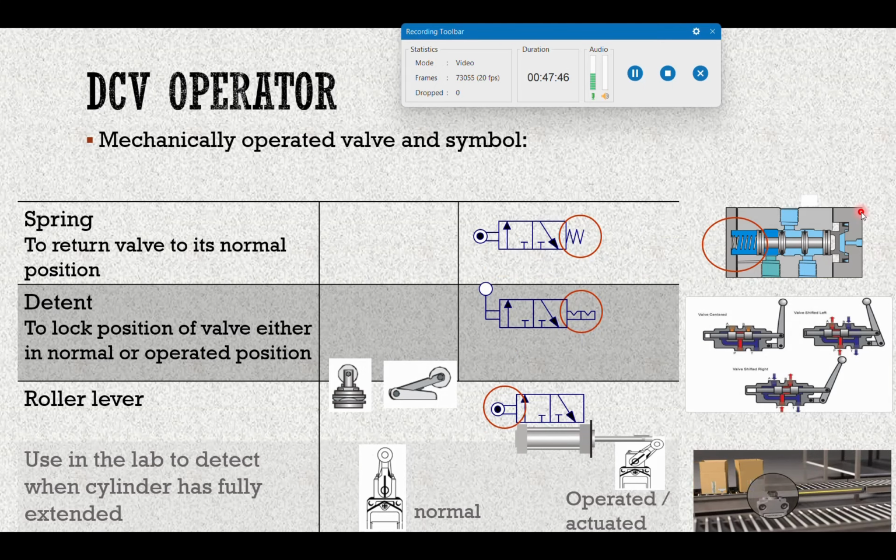So you could either have a spring to return the valve to its normal position, or have a detent to lock the position of the valve in either the normal or operated position. You could have a roller as well, like one we've seen in one of those videos in today's lecture. This is also one of the roller levers.